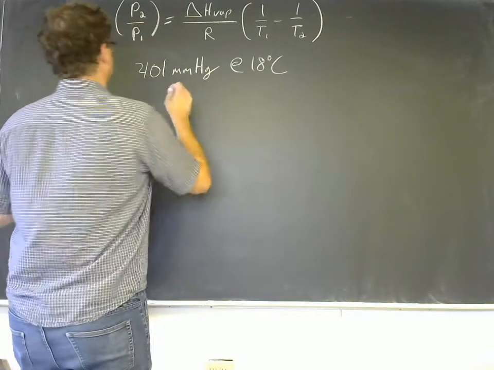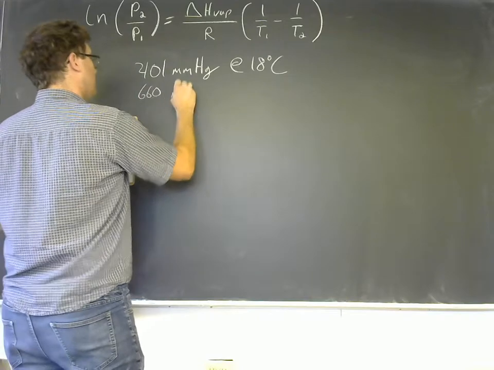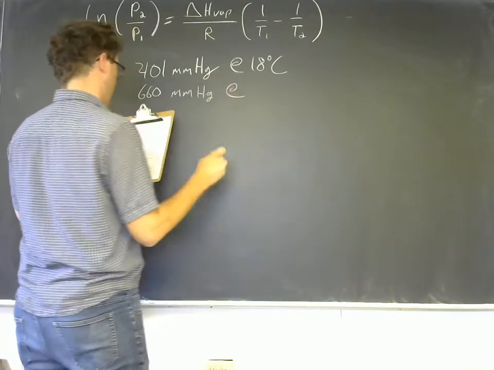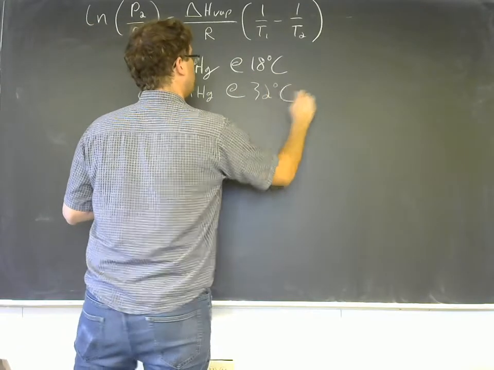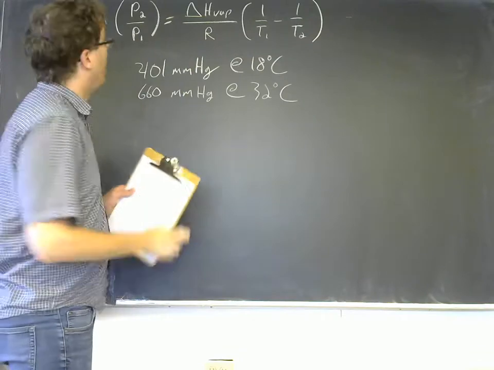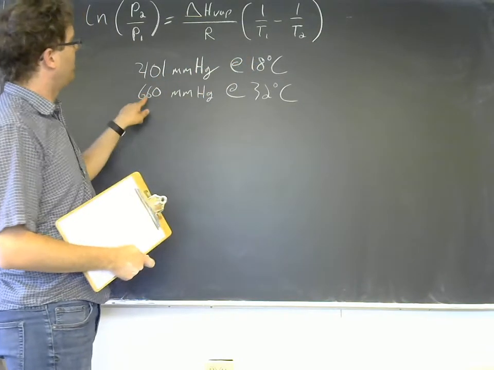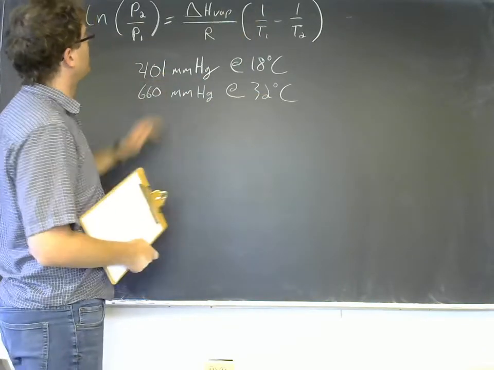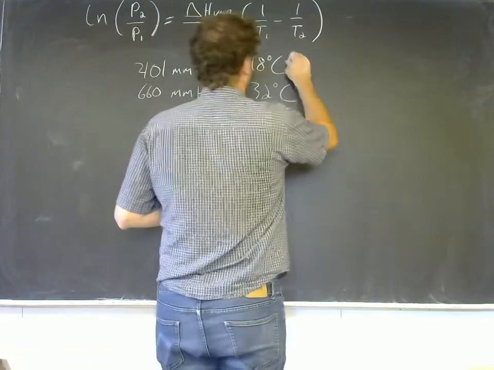And it has a vapor pressure of 660 millimeters of mercury at 32 degrees Celsius. And so we can call this P1 and T1, P2 and T2, put them in the equation here and solve for delta H of vaporization. Let's really quickly convert these into Kelvin.